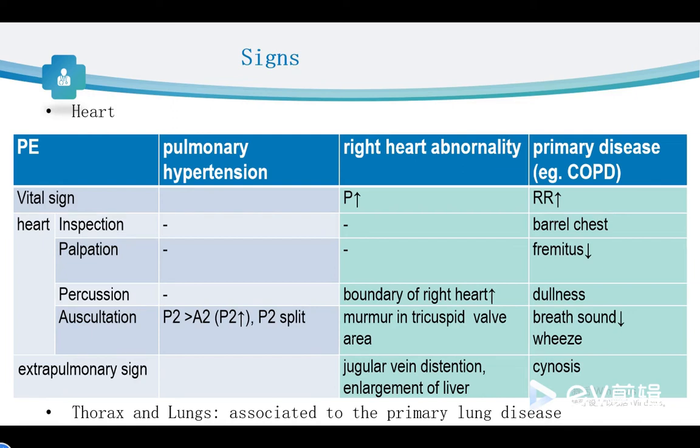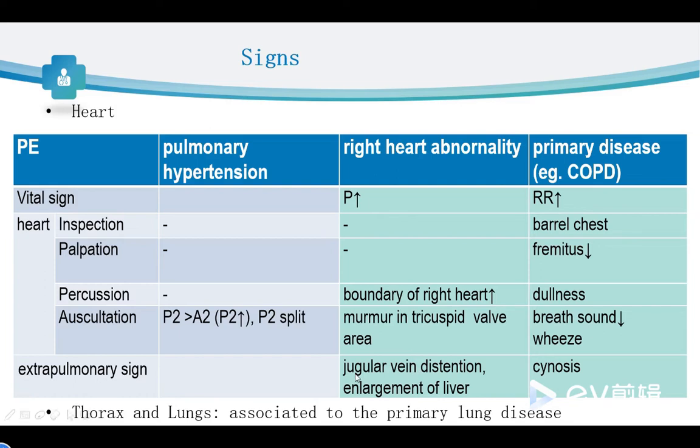Now I leave 2 questions for you, and I hope that you can give me your answer during the question and answer session. Okay? The first question is, what's the mechanism of the murmur in the tricuspid area for the patients with cor pulmonale?